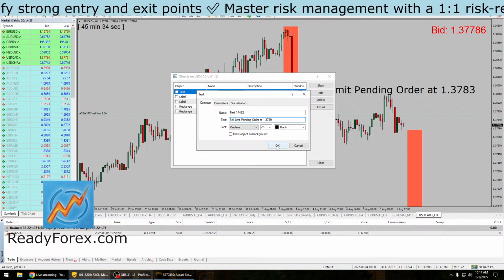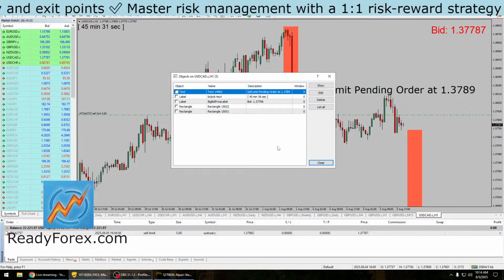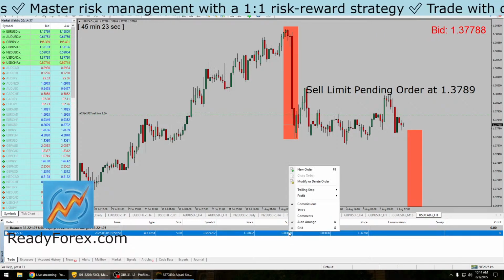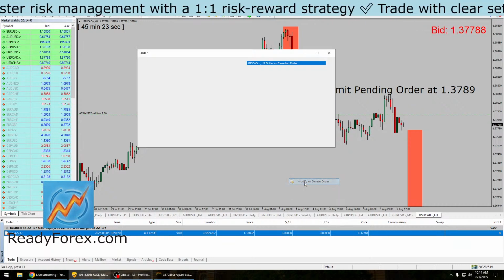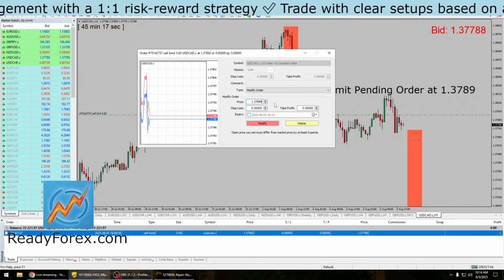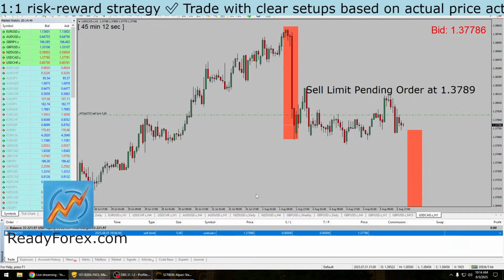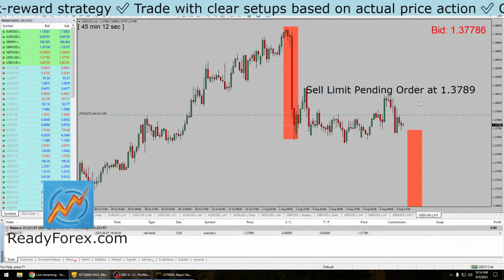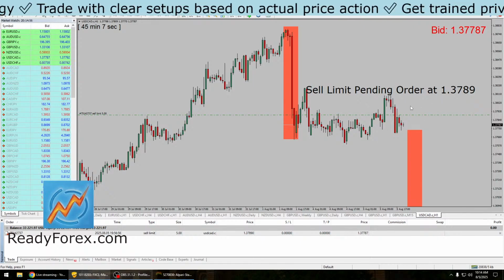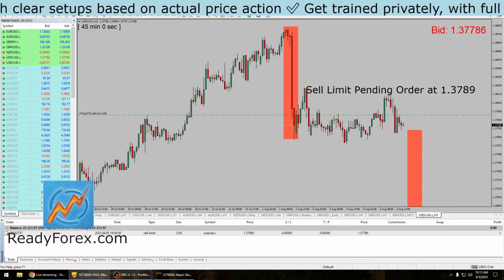Modify. Okay, so I adjusted the sell limit pending order a little bit in the US dollar versus Canadian dollar currency pair.